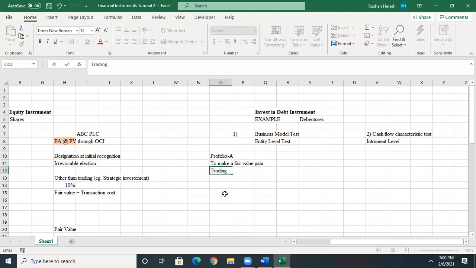You may be carrying this particular investment with the intention of trading, right? So that tells everything. Under that, whatever instruments you hold in this portfolio, your purpose is to purchase them at a lesser price and to sell them at a higher price in order to realize the fair value gain, right? So with trading, the ultimate intention is to realize the fair value gain.